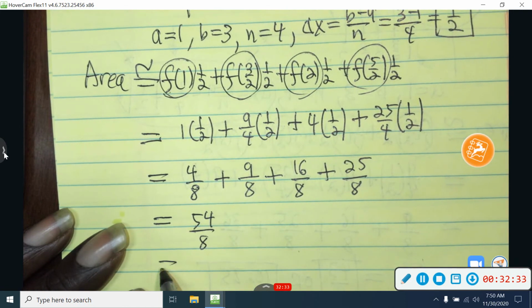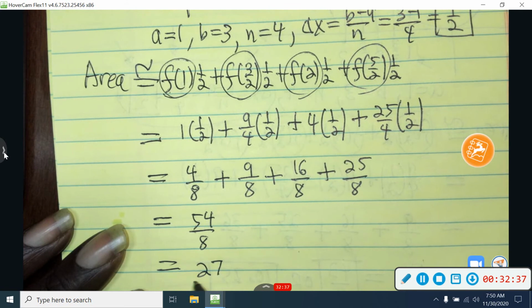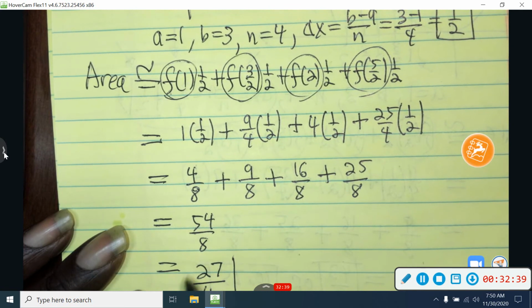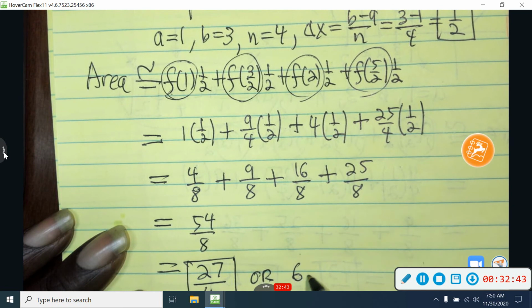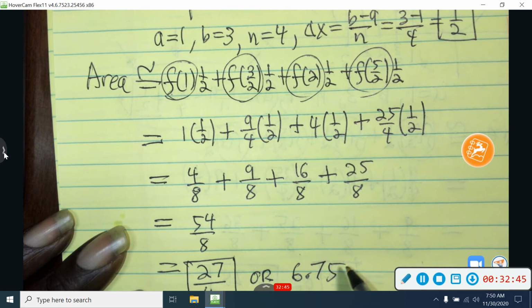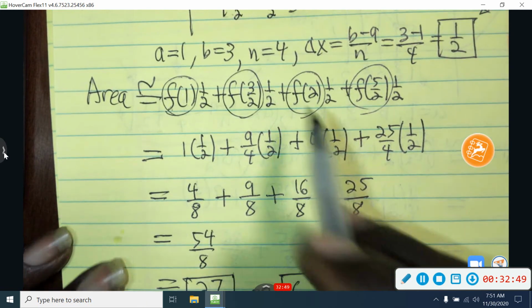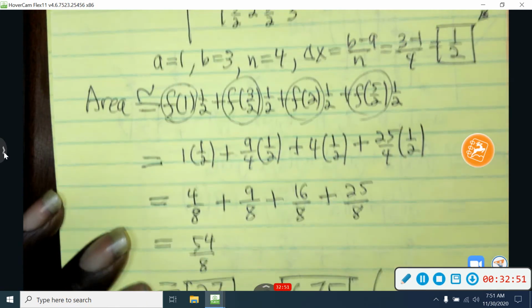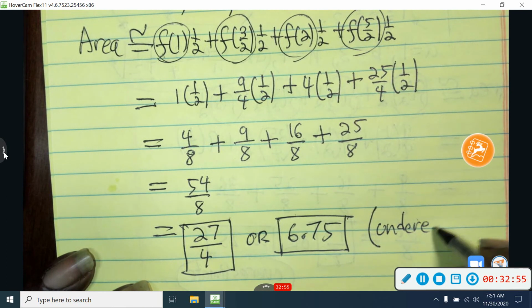Why not? It's 27 over 4. Or if you want to get a feel for it, it's 6.75. And this is an underestimate because we're missing area. Last time we were getting too much, now we're missing area. That's an underestimate.